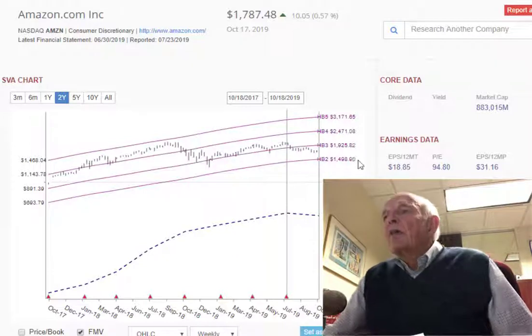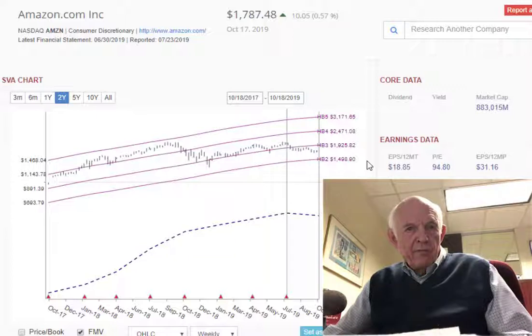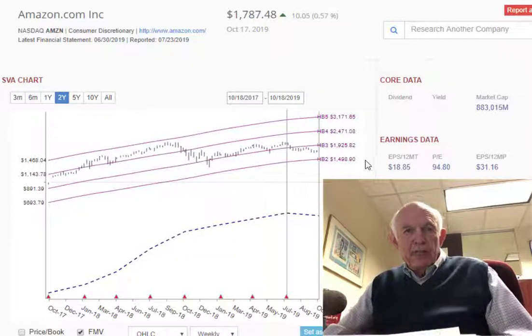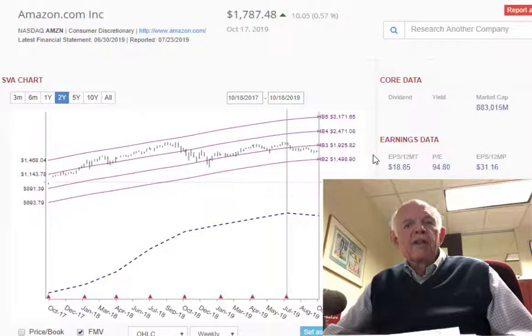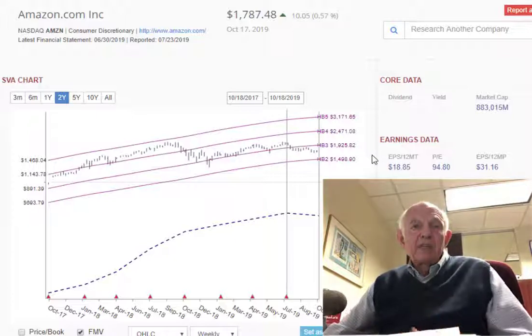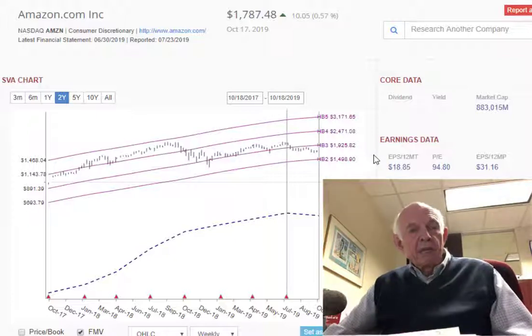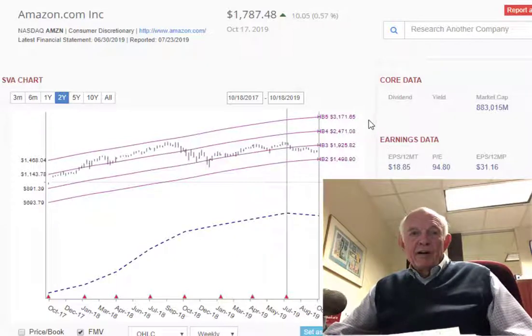Now, there is always a bit of an error factor that we have to admit to in calculating what we would call the current breakpoint value. First of all, there could be stock buybacks, and we have seen that with Apple, that all of a sudden the trajectory of the breakpoints change.